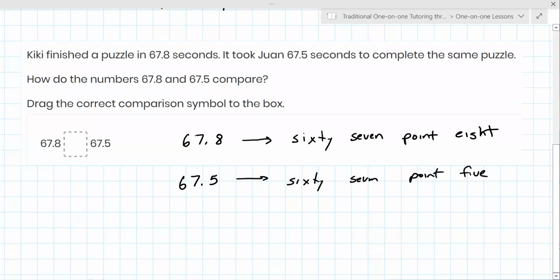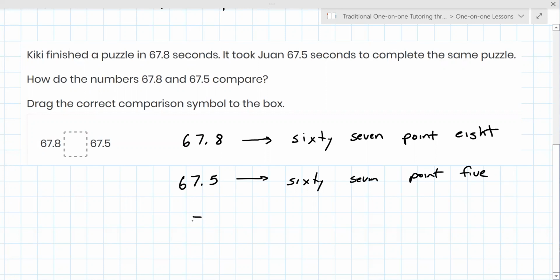Okay, so you figure out how to say the part left of the decimal and then the part right of the decimal. Okay. Now, which is larger, 67.8 or 67.5? 67.8. Yes. So notice that it's on the left here.